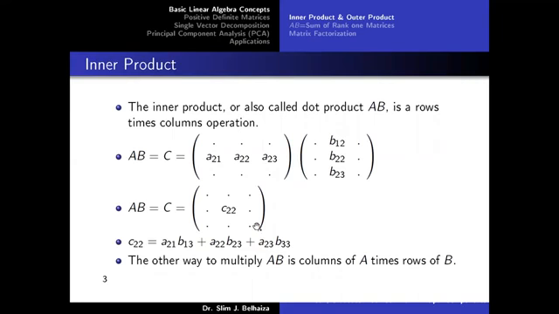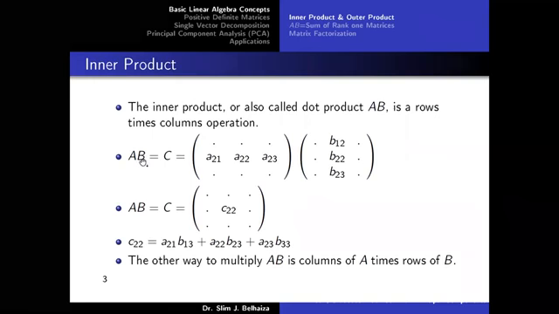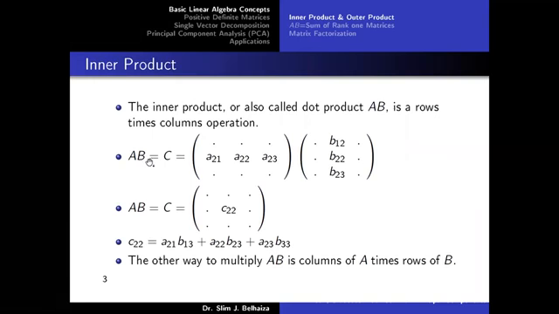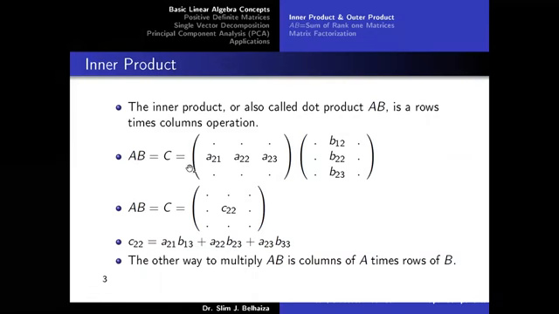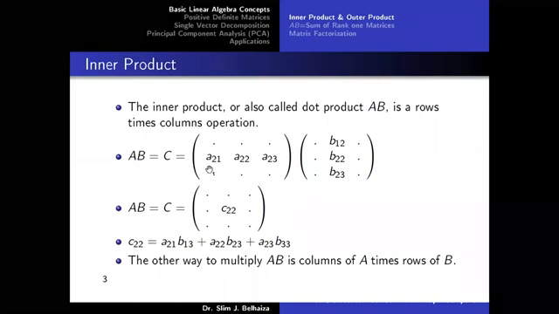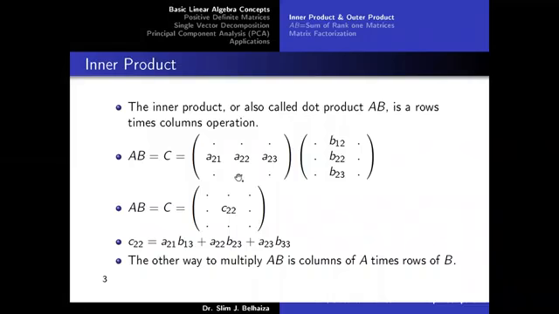Usually, if A and B are such that A has the same number of columns as the number of rows in B, then the product is defined, and we can compute it by placing, at the intersection of every row index of A and column index of B, the sum of the products of the items row by column one by one.